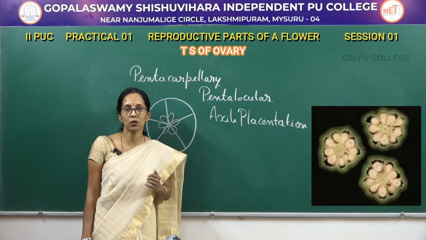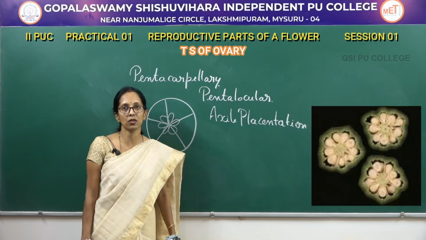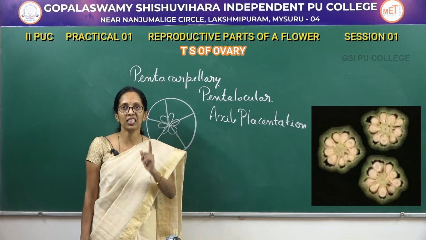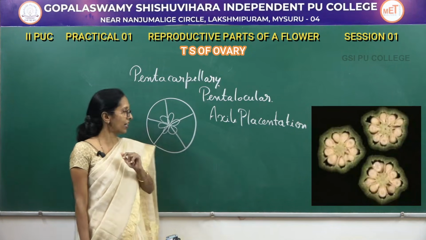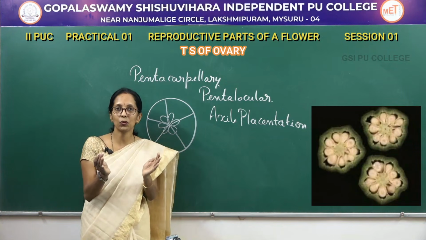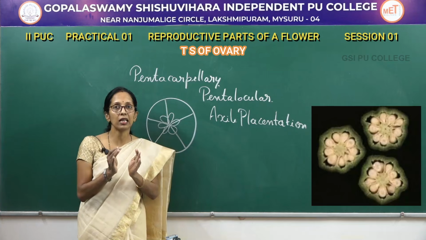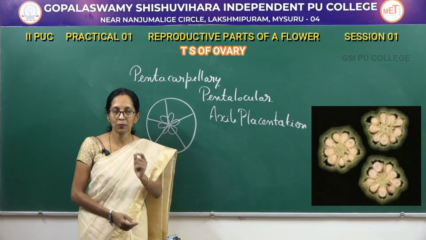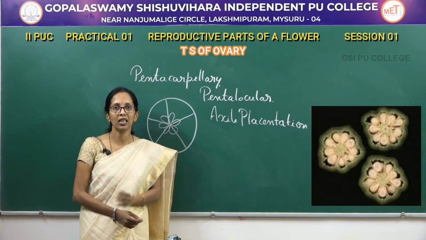So gynoecium consists of female reproductive structures called carpels. Each carpel consists of ovary, style and a stigma. Inside the ovary there are ovules, and these ovules are attached to the fertile tissue that is called placenta.